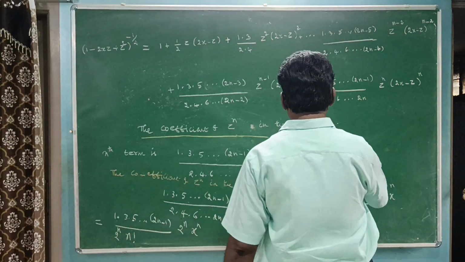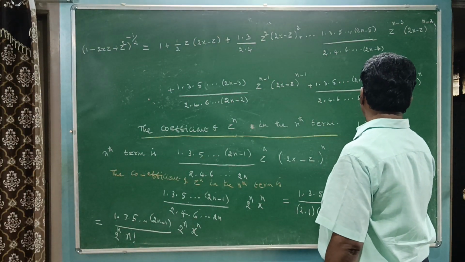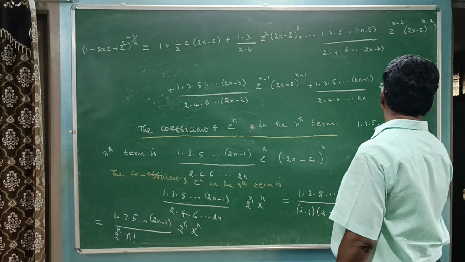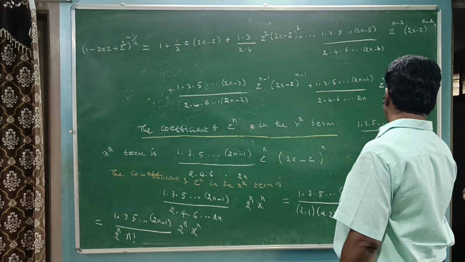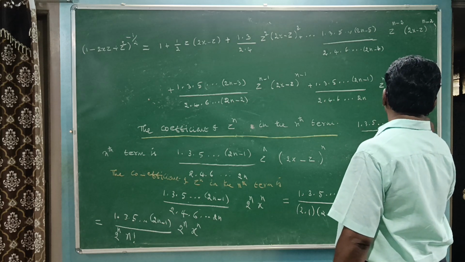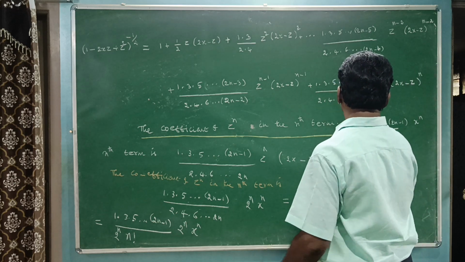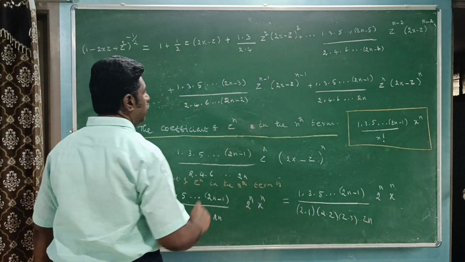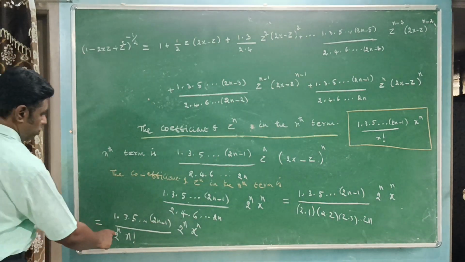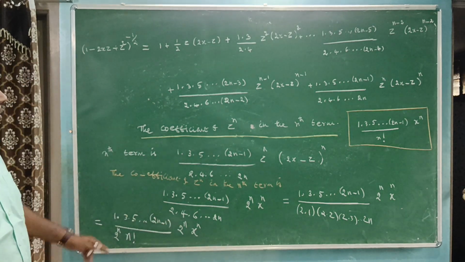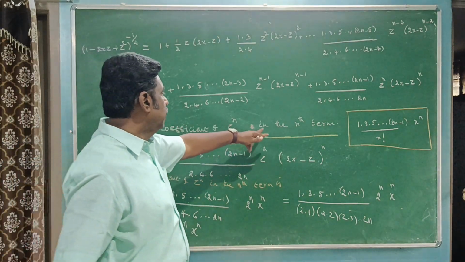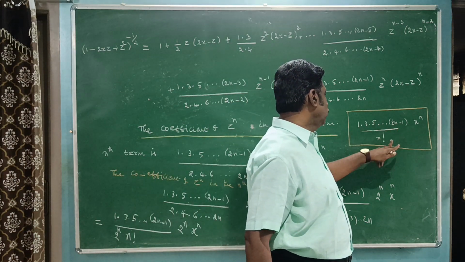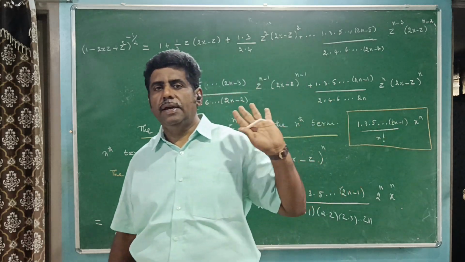The coefficient of z power n in the nth term is 1.3.5 up to 2n minus 1 divided by n factorial into x power n. This is the coefficient of z power n in the nth term, because 2 power n gets cancelled.